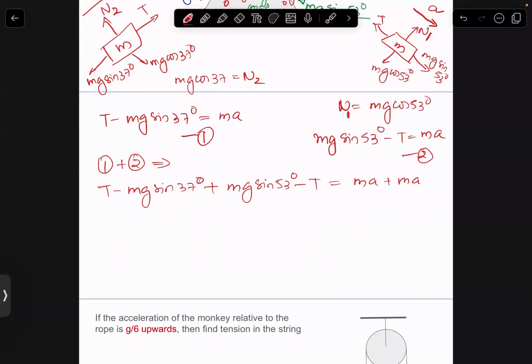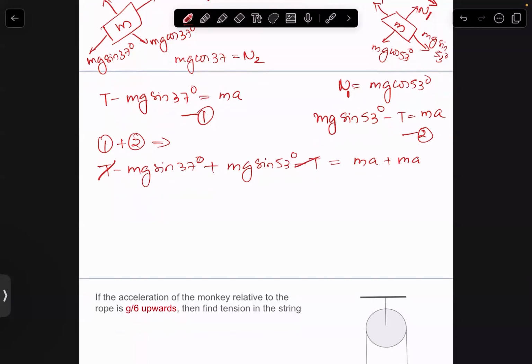Right. So this T and this T, they get cancelled. And I can just divide by m throughout. So what will you get? g sine 53 degree minus g sine 37 degree equal to 2a.